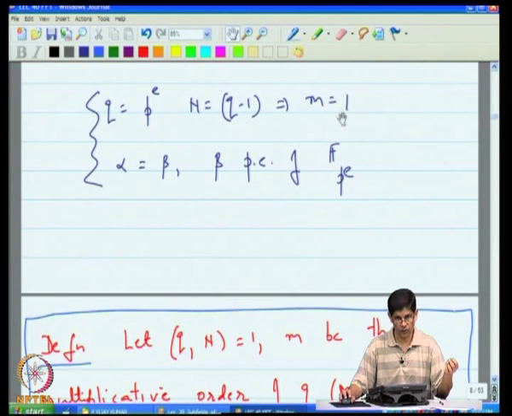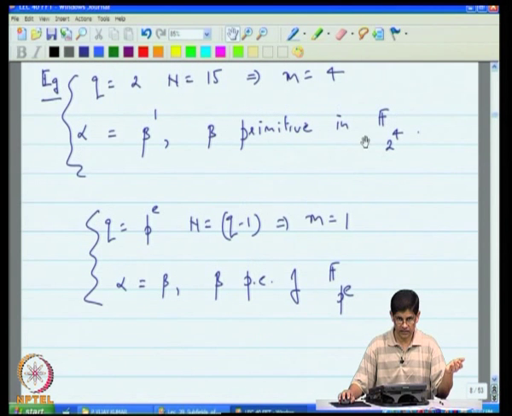In this case, you do not need to enlarge your field, and you can find the element alpha that you are looking for within the ground field itself, and you can choose alpha to be beta, where beta is any primitive element of the ground field. So, this situation is characteristic of Reed-Solomon codes, whereas the earlier one is characteristic of BCH codes.